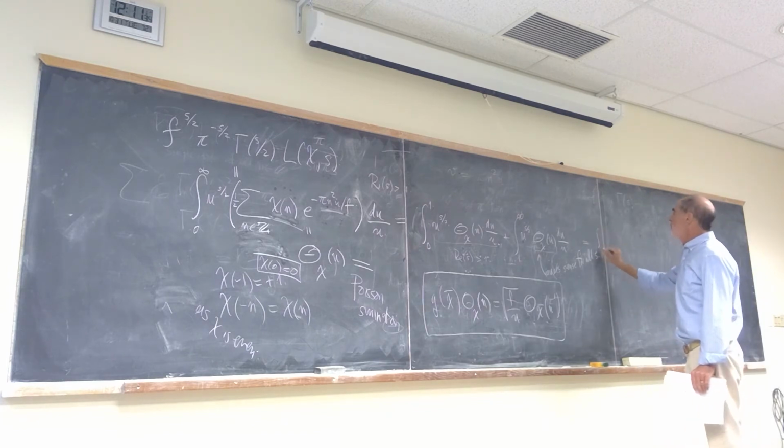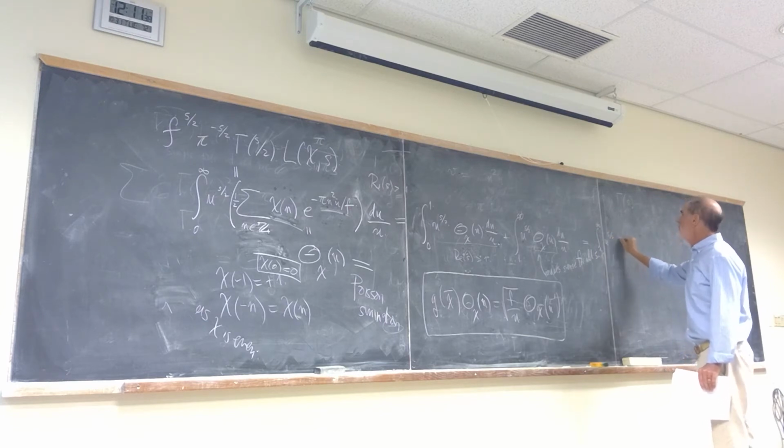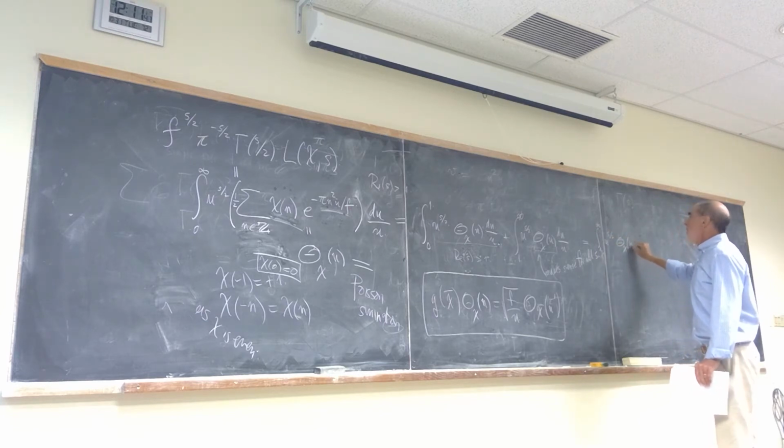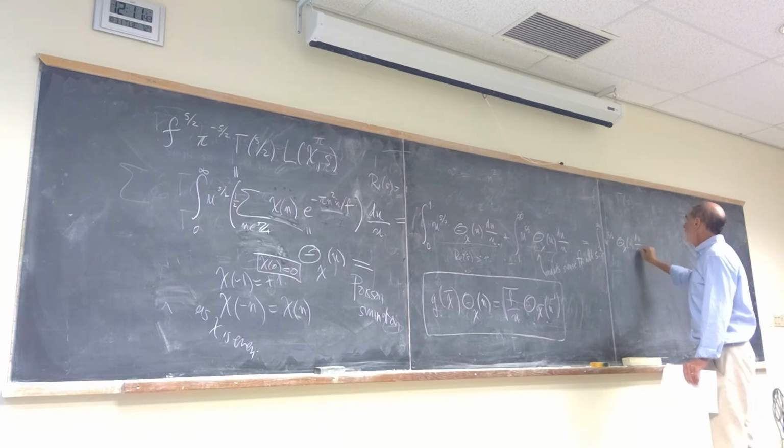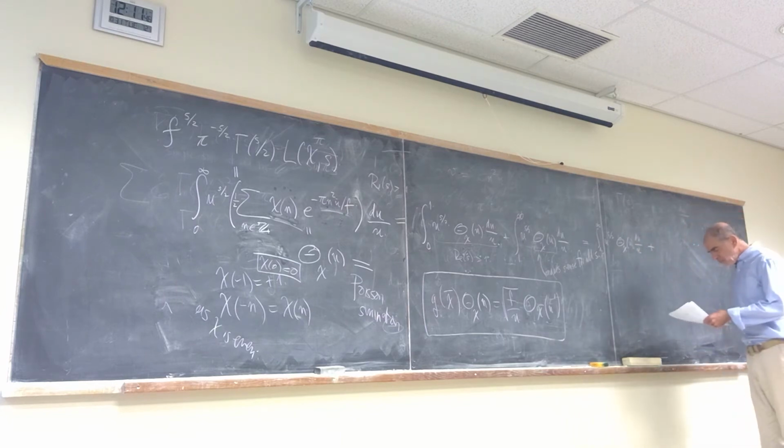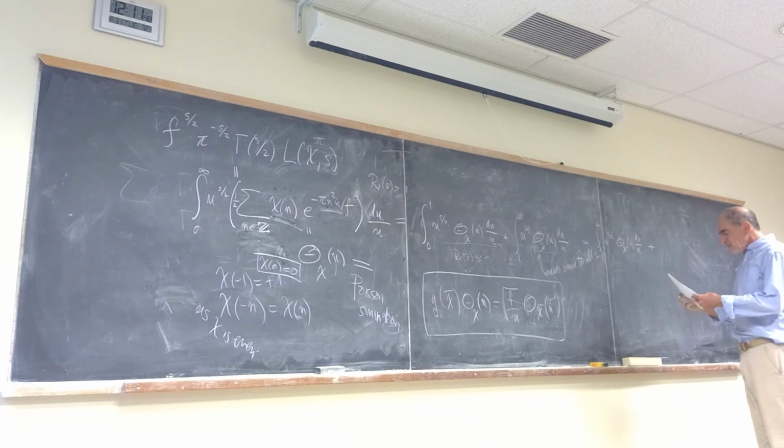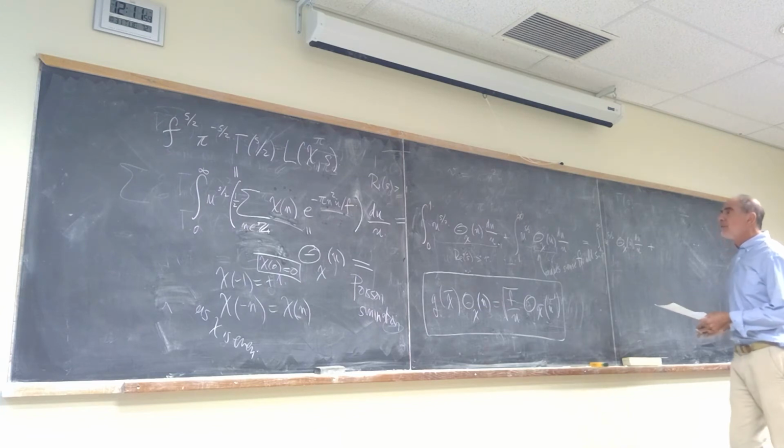First of all, it's the integral from 1 to infinity, which we saw made sense, of u to the s over 2, theta chi of u du over u, plus the integral from 0 to 1.